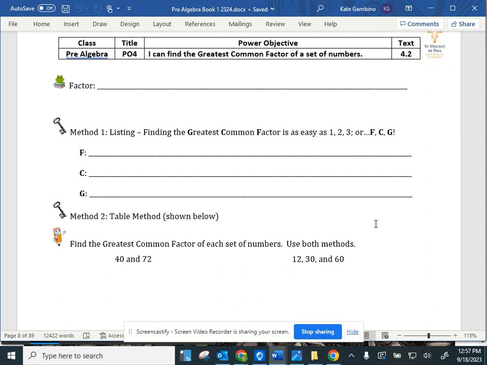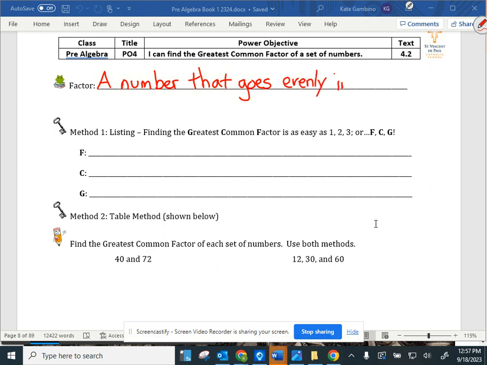Okay. So you are correct, but I'm going to explain it in a different way that might make a little more sense. So a factor is a number that goes evenly into the given number.